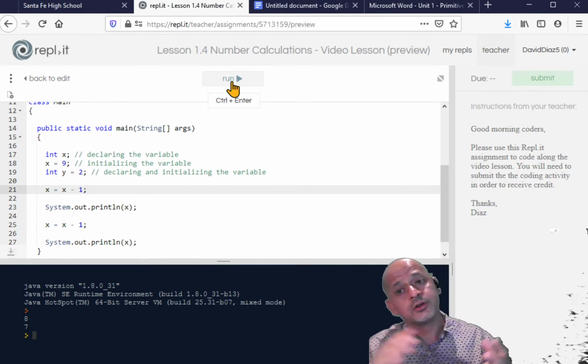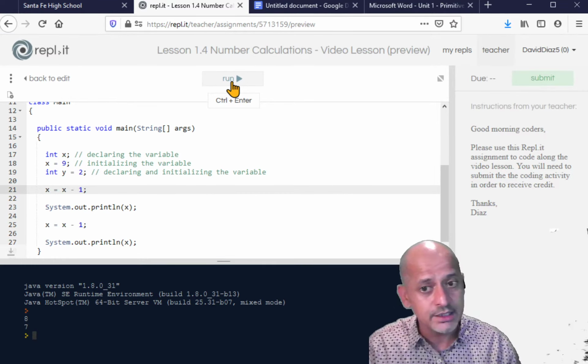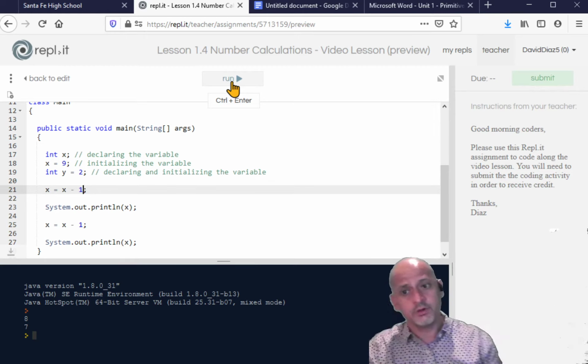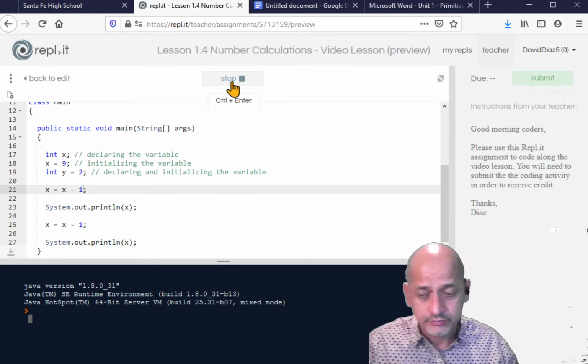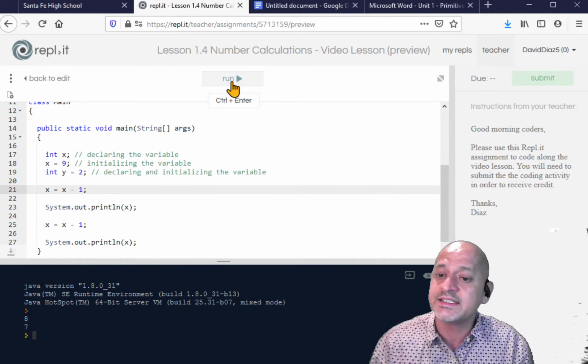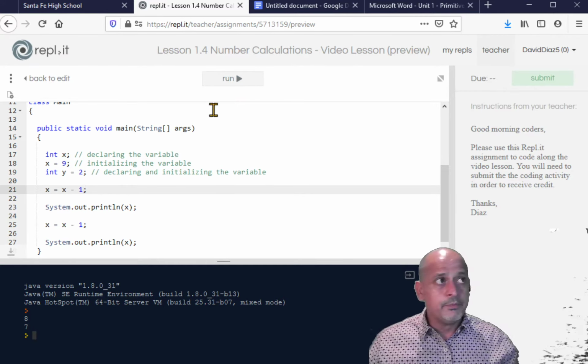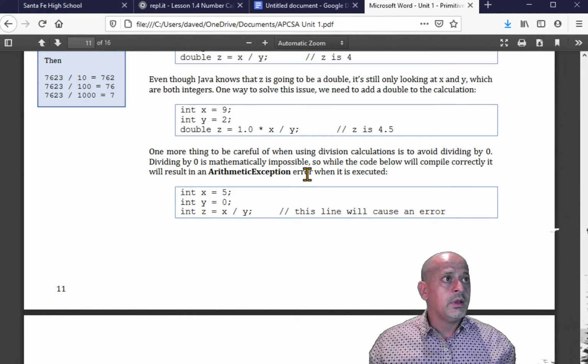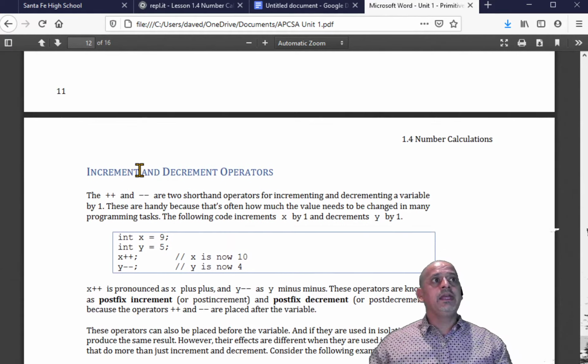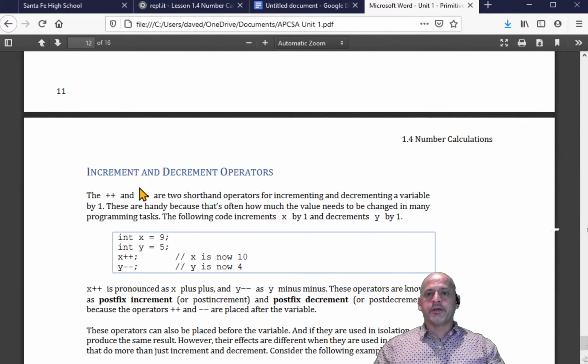You want to learn the condensed way. Not cheating, but just the condensed way of doing things. And notice that gives us exactly the same answer. So that is what we call increment and decrement operators. Therefore, you can increase or decrease a number.